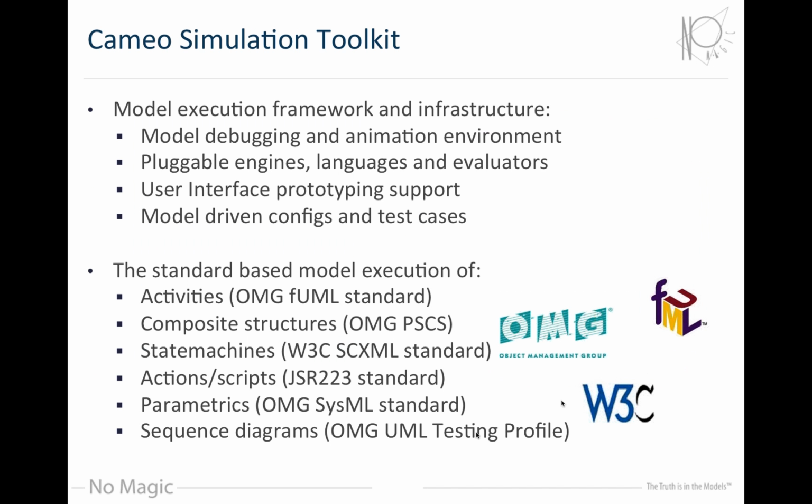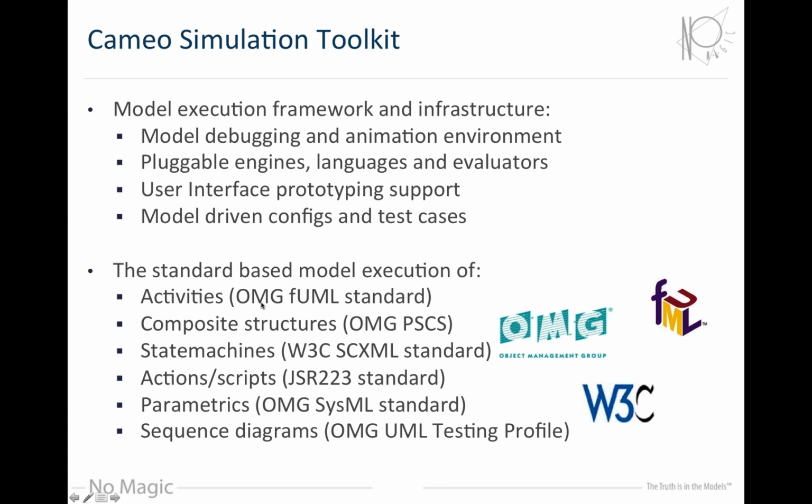So just a quick introduction to the tool. The Cameo Simulation Toolkit is a unique tool on the market. It's the very first commercial implementation of standard-based executable UML and SysML. All execution semantics are standard-based, defined by different standards organizations.